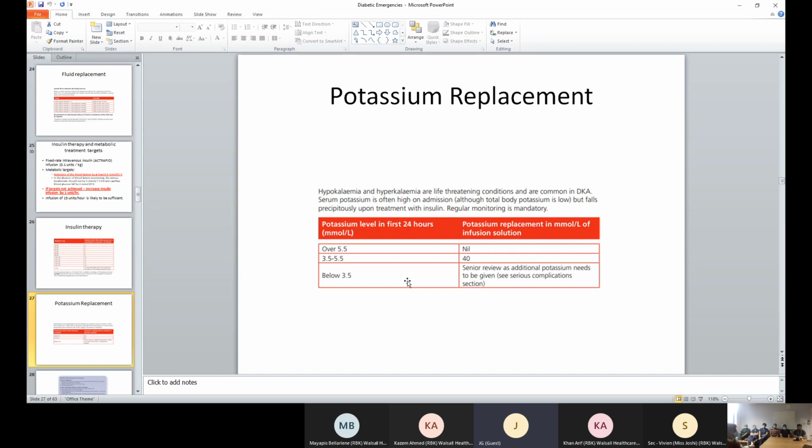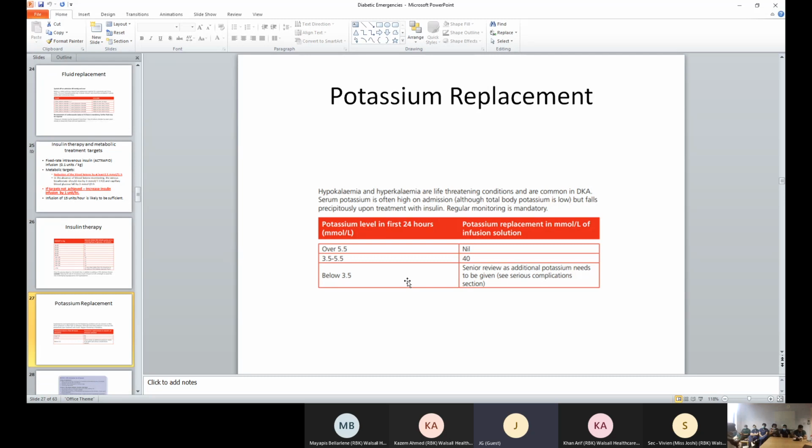Everybody will be worried about the hyperkalemic cardiac arrest, isn't it? So that's another important point. If it is less than 3.5, pause and don't start the insulin infusion. Give what's supposed to be given. Anyway, the first bag we are going to give as a stat. But from the second bag you have to give that 20 millimole.